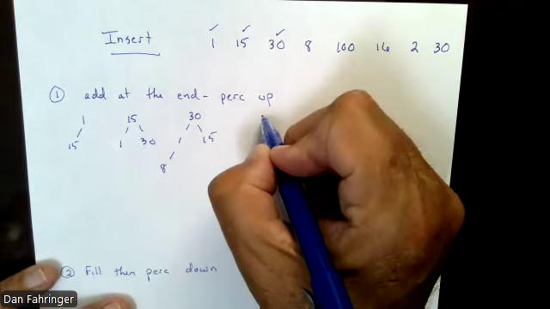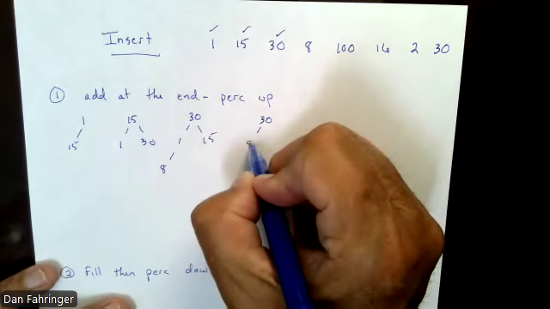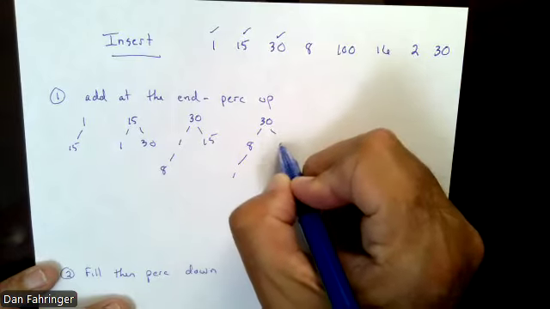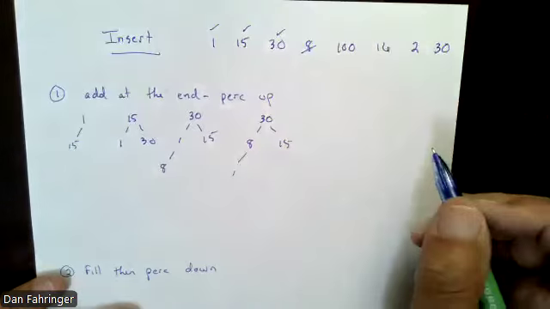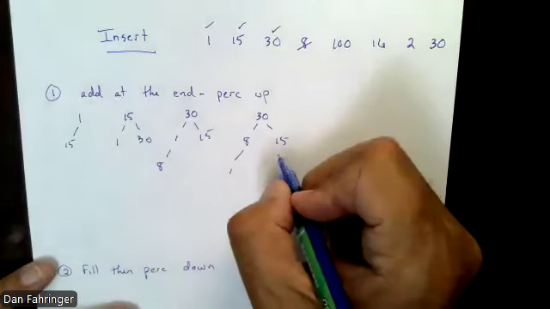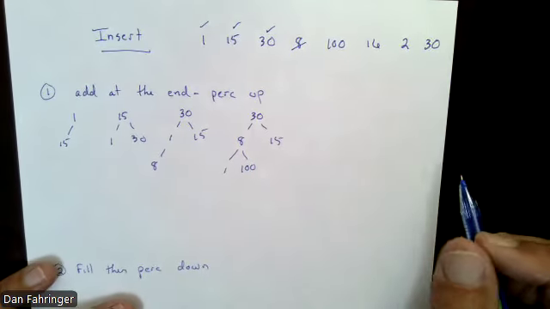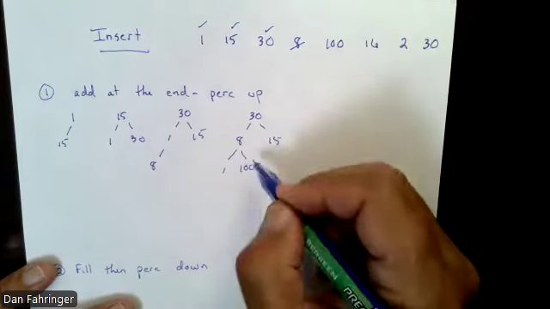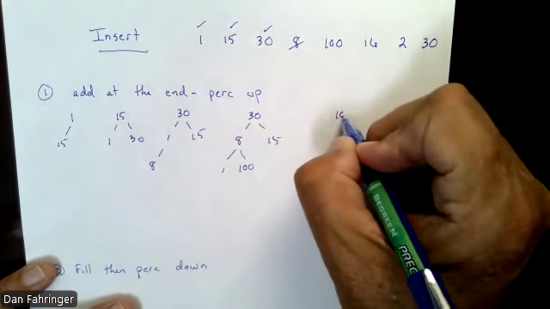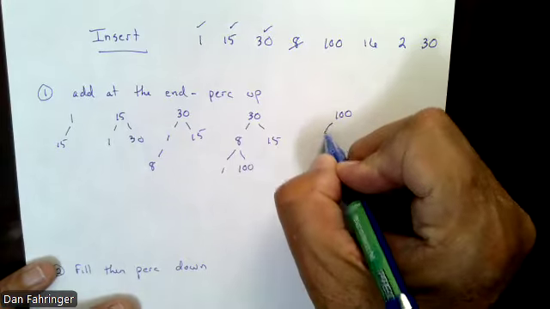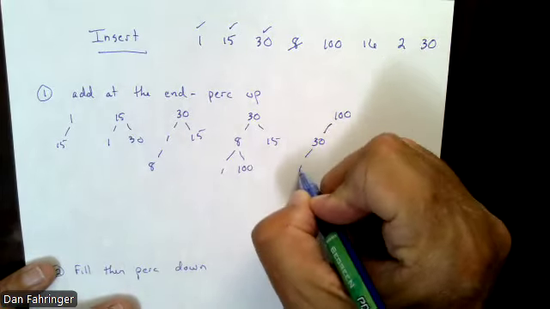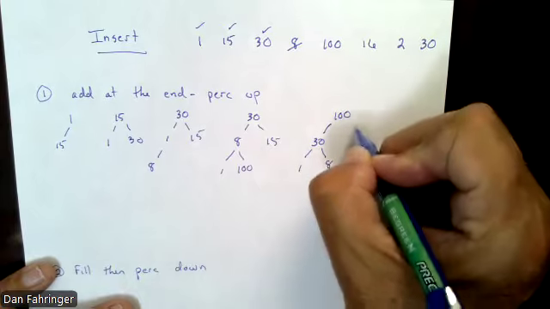I added 8, 30, 8, 1, 15. I have 100. Still filling in by way of that left side. It's going to switch with the 8 and then switch with the 30. So here's the 100. The 30 ended up there. The 8 ended up over here.